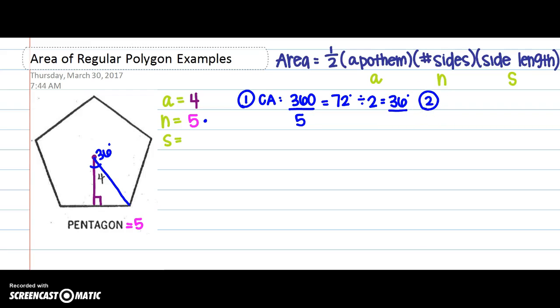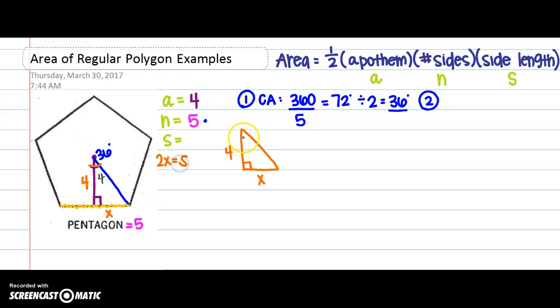After we do that, we need to find this entire side length, but we first need to find this short side of our right triangle. Since this is 4 and that is x, according to 36 degrees, I'm going to use tangent. I call it x because s is actually 2x.